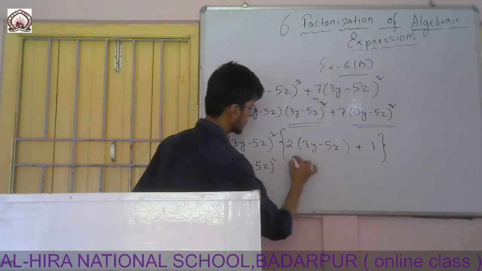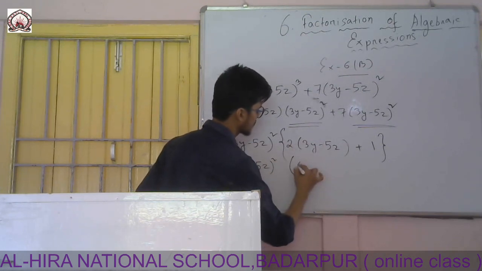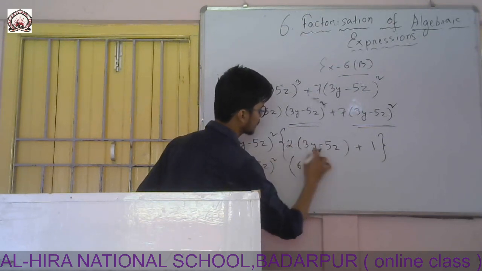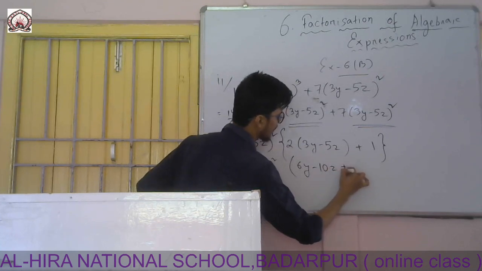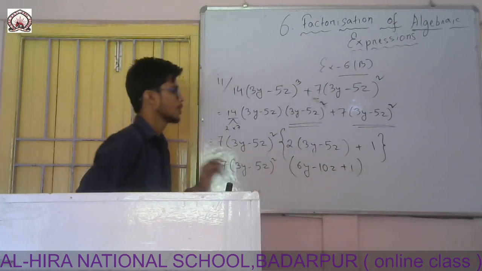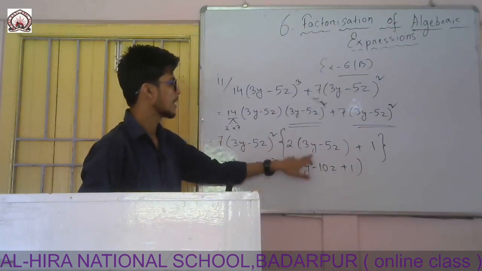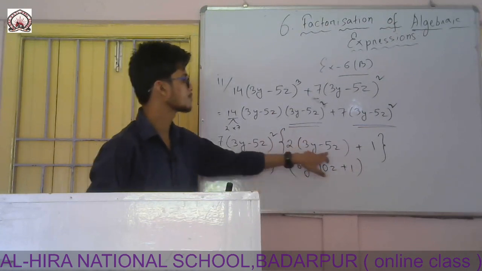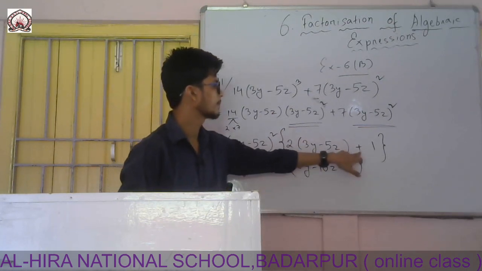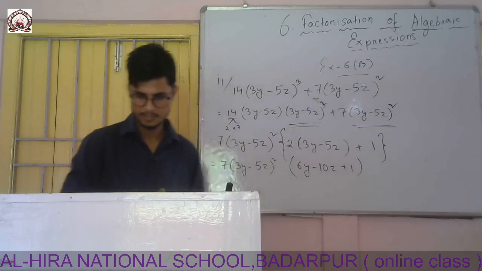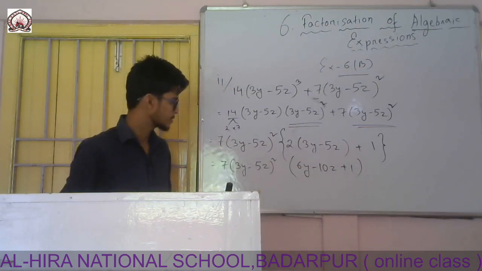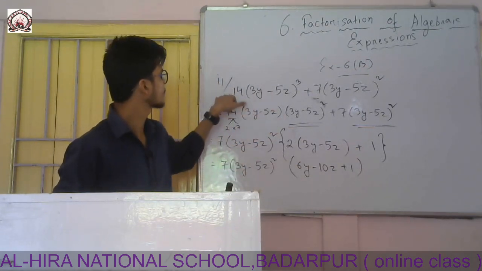Now you can give the first bracket, 2 into 3 is 6y minus 2 5s are 10z plus 1. So these are the factors of question number 11.